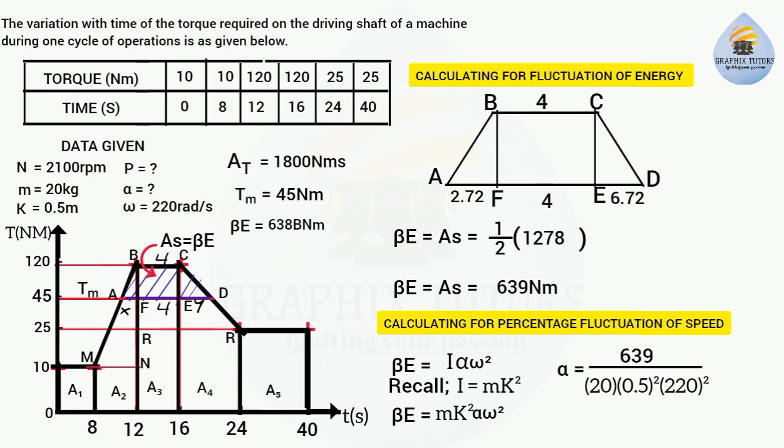My alpha will now be given as 639 all over 5 times 220 squared. Is that taken? So my alpha will now give me 639 all over 24,200, right? So my alpha will now give me 0.002638, which is given in percentage as 0.2638%. So that's what we have.